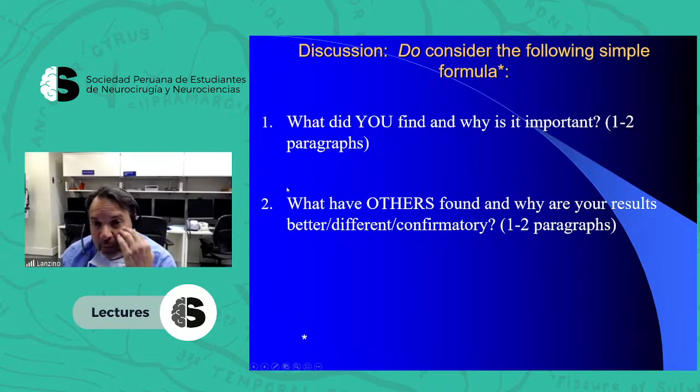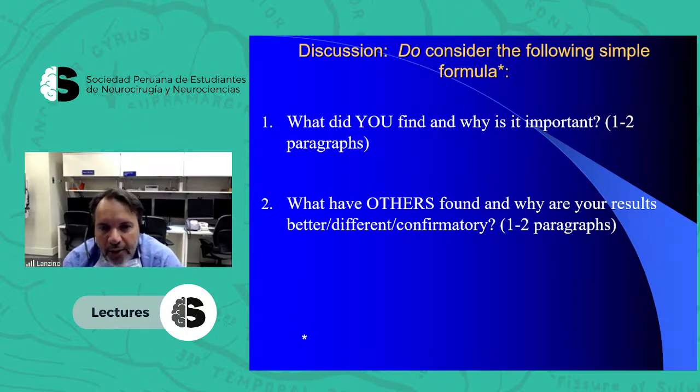Then in the second part of the discussion, often the second paragraph, you provide a review of the pertinent literature in relation to your findings. And therefore, you compare your findings with other similar papers.